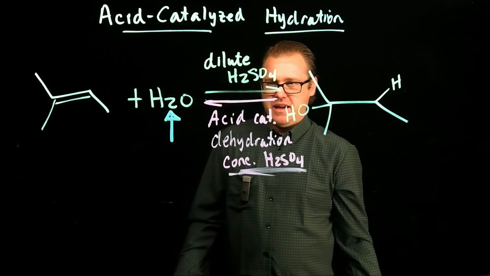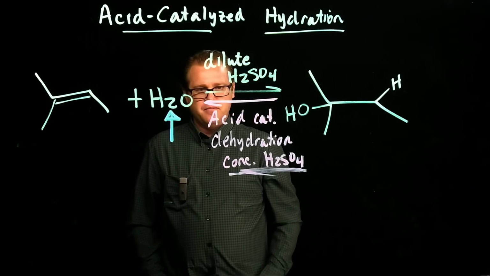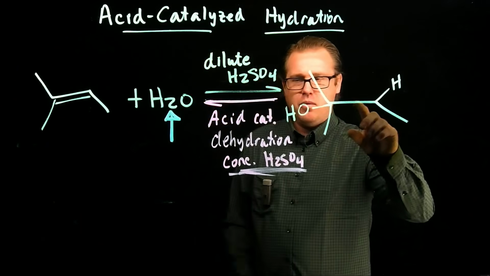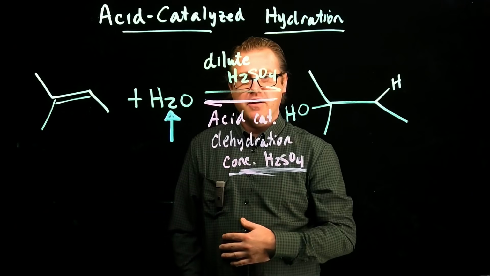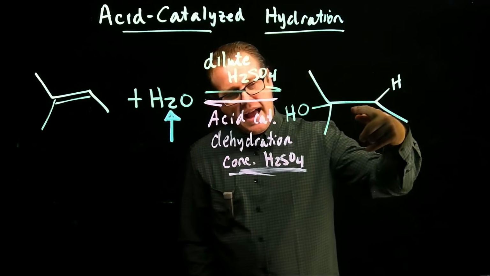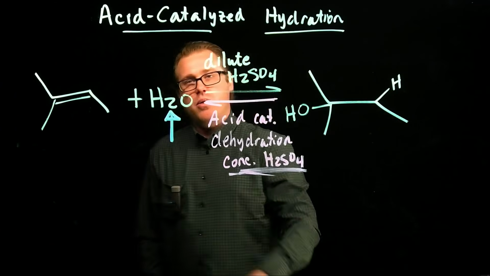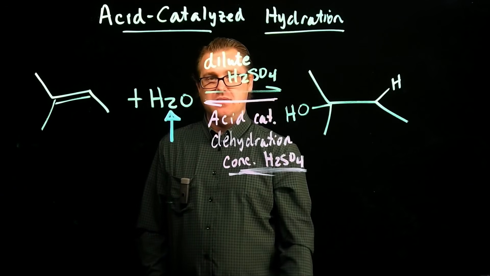But then the opposite is true, okay? What could you do here? Once equilibrium has been reached with a little bit of sulfuric acid, we want to actually now do the dehydration. What would you do? You would add more sulfuric acid.